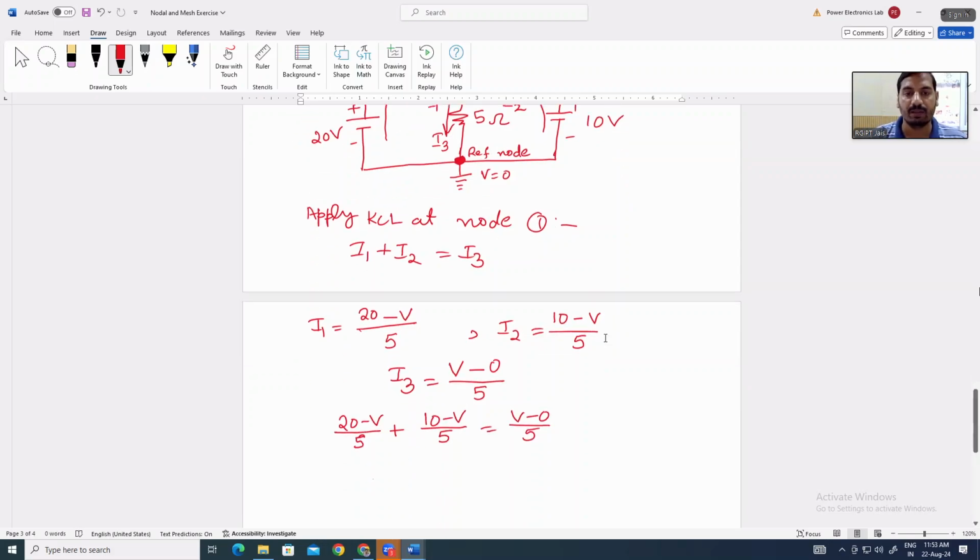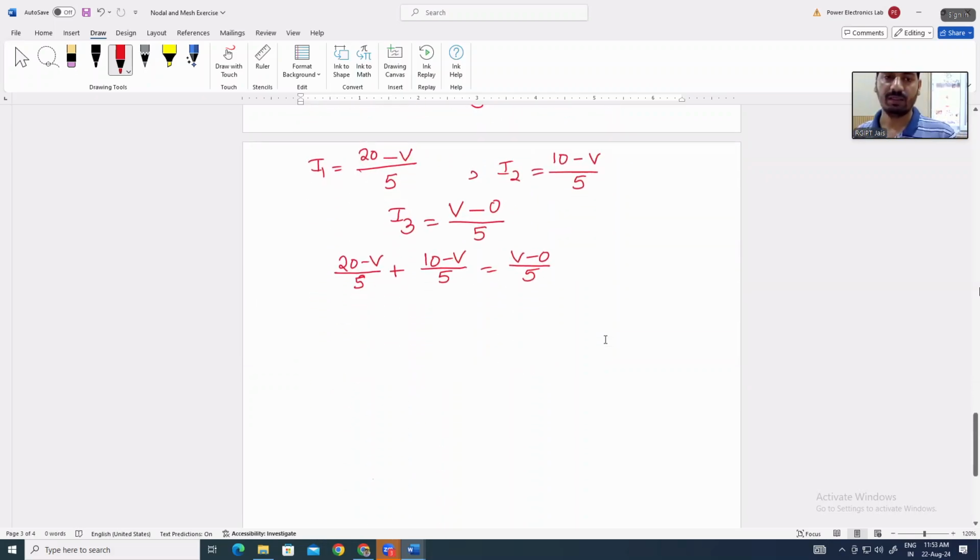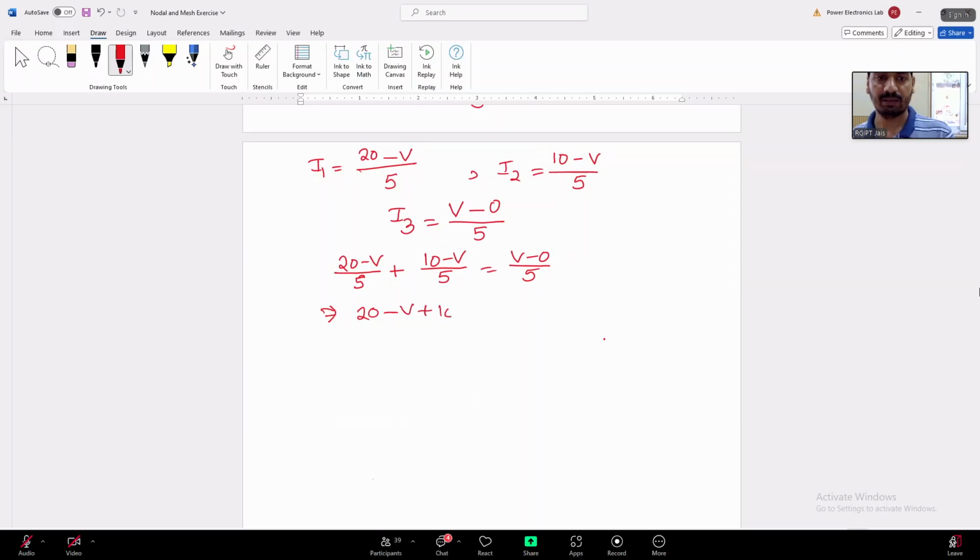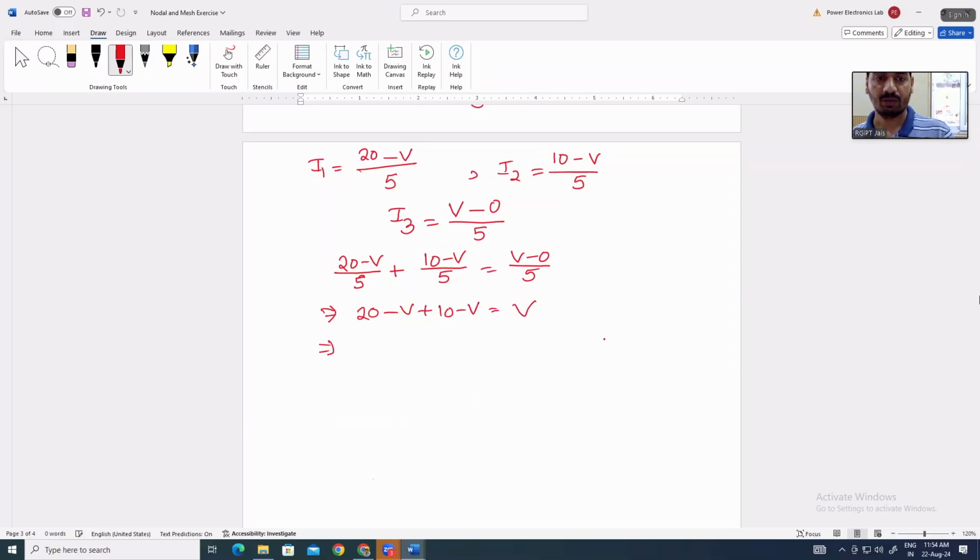We can see that 5 is common to all, so we can simplify: 20 minus V plus 10 minus V is equal to V. Here minus 2V can be sent after this equal sign. So 3V is equal to 30. It means V is equal to 10 volt.